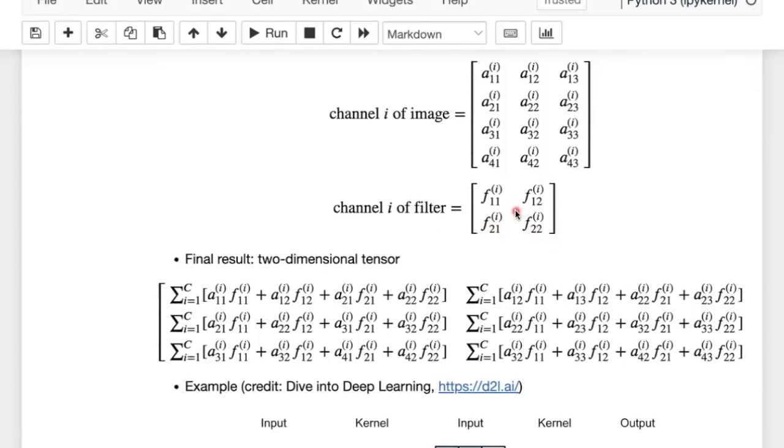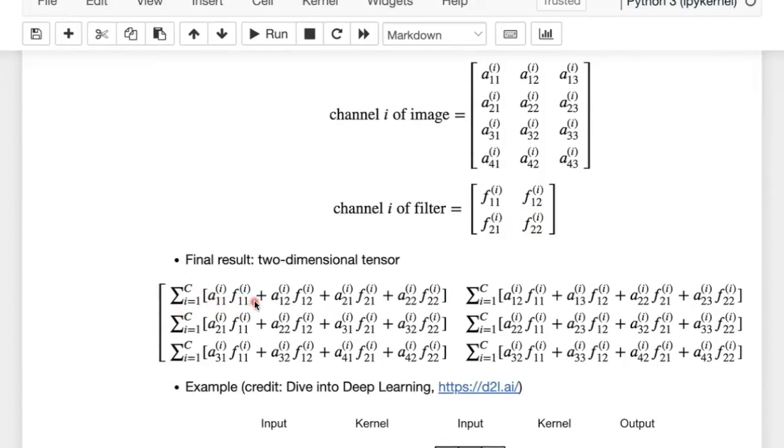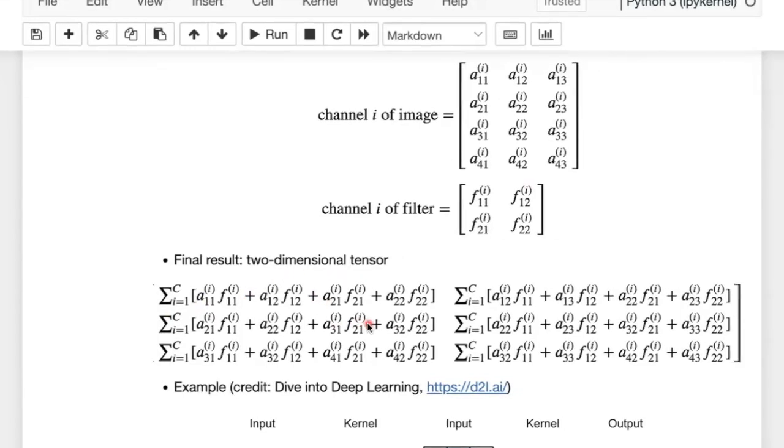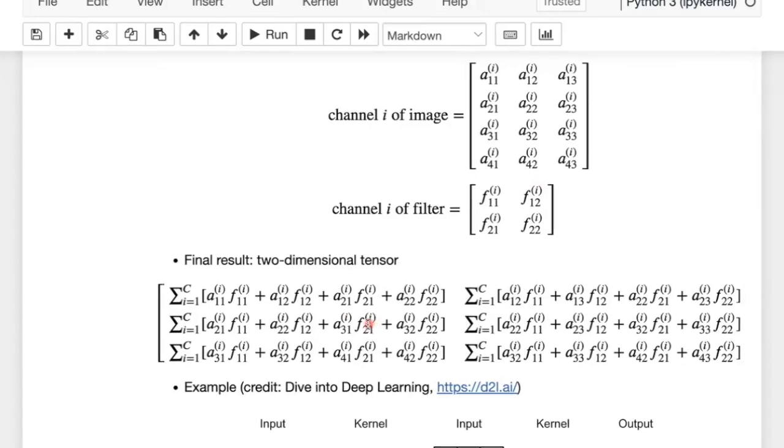Then you do the element-wise multiplication across all channels, do the additions, both across one slice and across all slices, right? That's why we have all these terms added together. And the result will actually be a two-dimensional tensor.